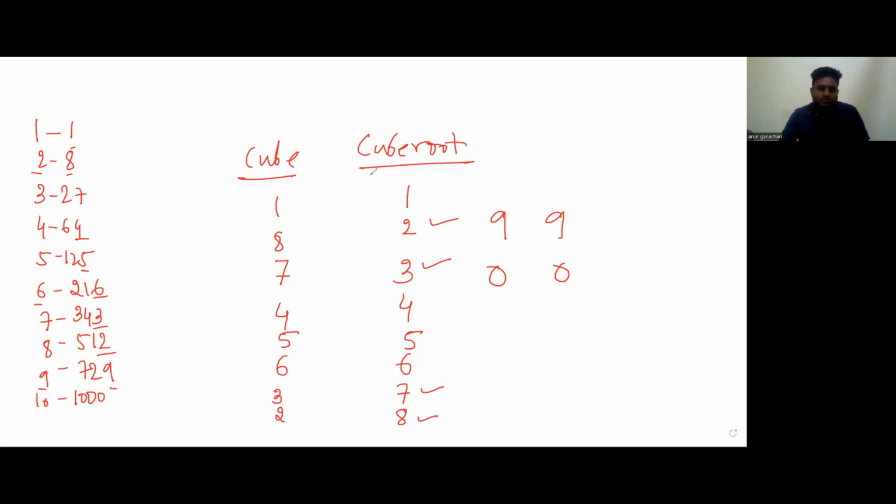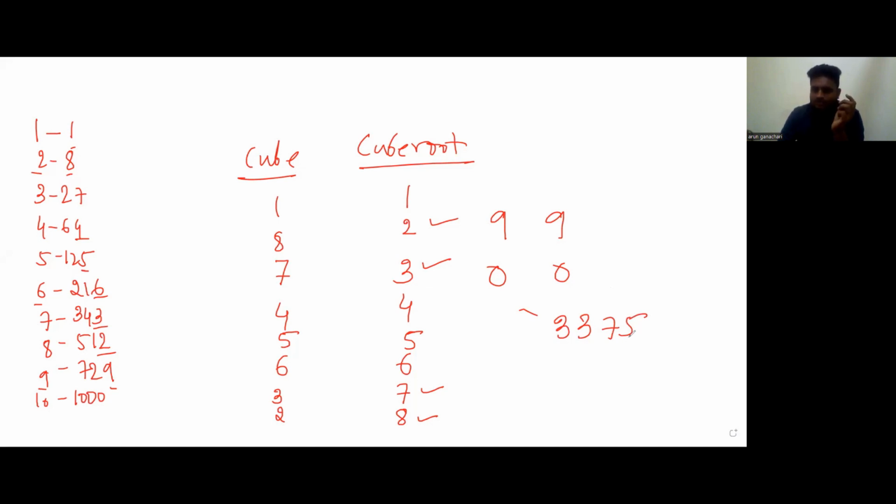Now let us say we are supposed to find the cube root of 3375. When we were doing square root, we took 2 digits, because square means 2. But for cube root it means 3, so from the right I'll take 3 digits.